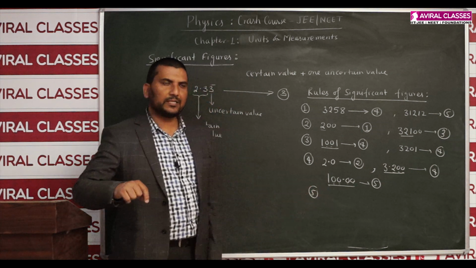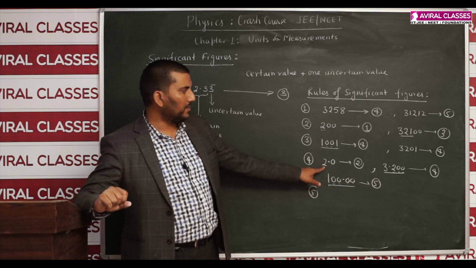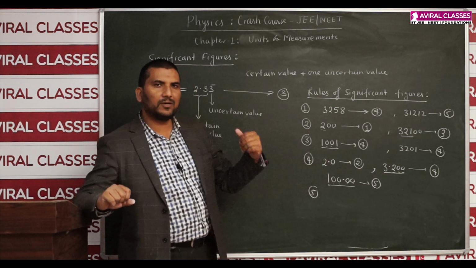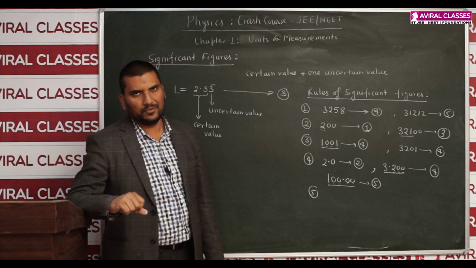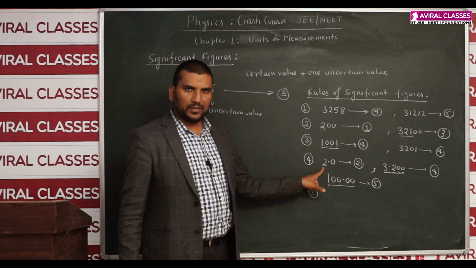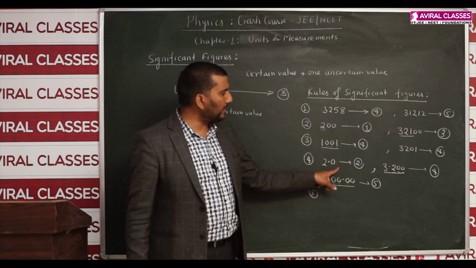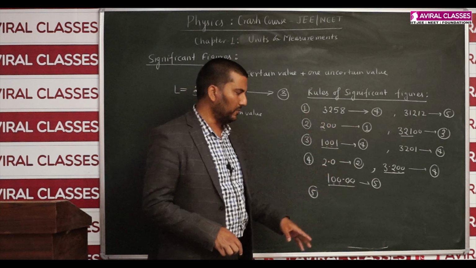Rule number 5. In case of decimals, if there is 0 before the decimal, then zeros after the decimal will not be considered significant till any non-zero value.